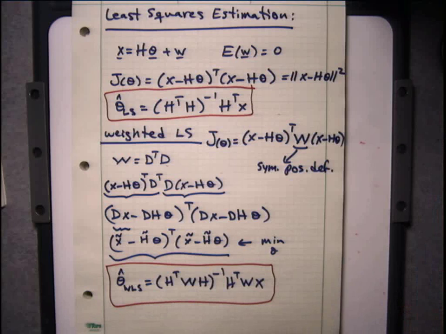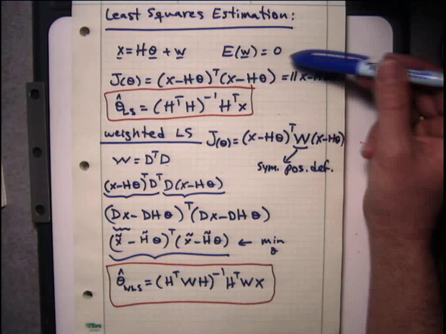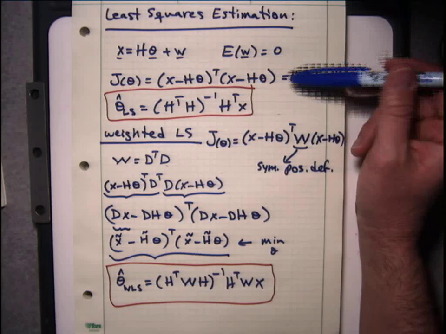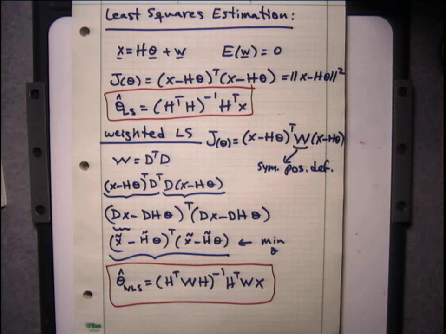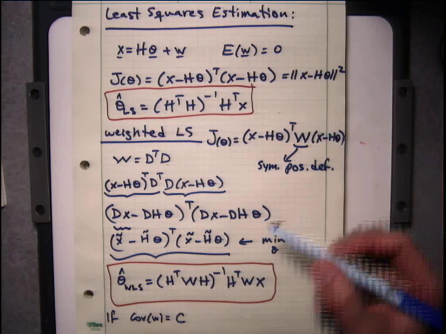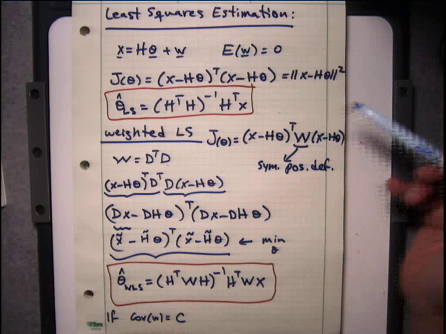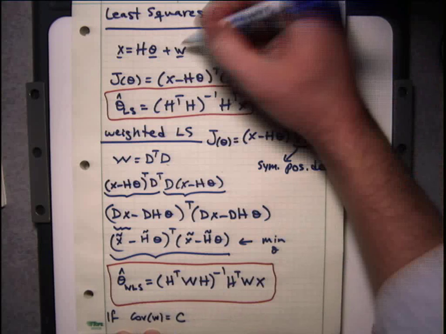You might also remember that if we assume the noise w has a covariance matrix, let's call it C, then, so let me write this down, if the covariance of w is C, then, sorry, I'm confusing you with little w here and big W here. This is the covariance of this guy.